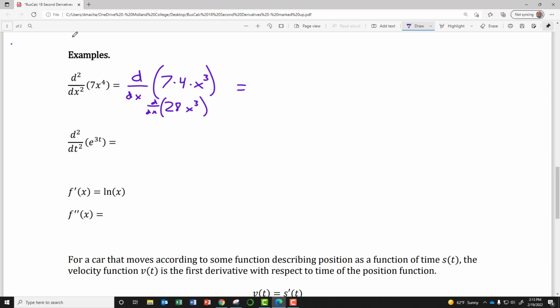And then taking that derivative, well, 28 times 3 is going to be 84. Yeah, that should be 84, and then x squared, because I bring down the 3 and multiply that 28 times 3. So it took me a minute to get 84. But this should be 84x squared, and this is the second derivative of 7x to the fourth.